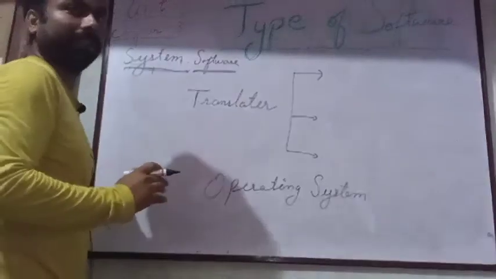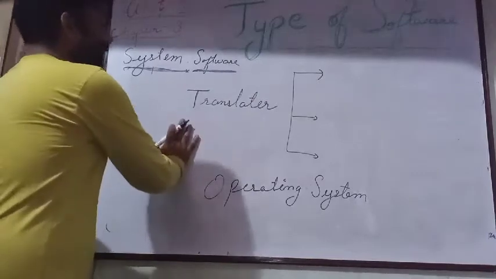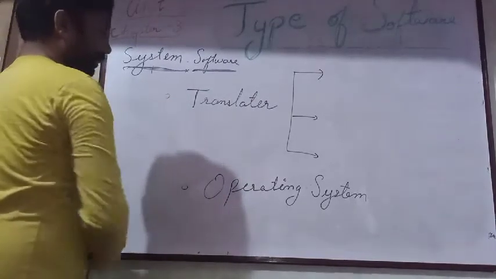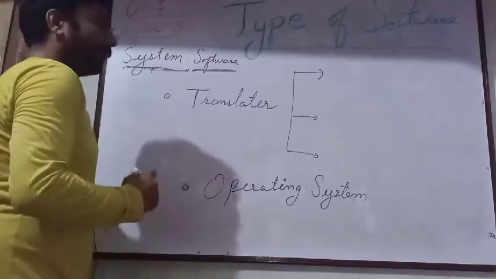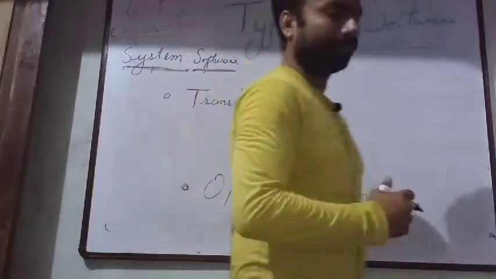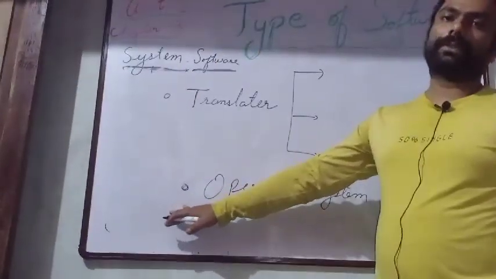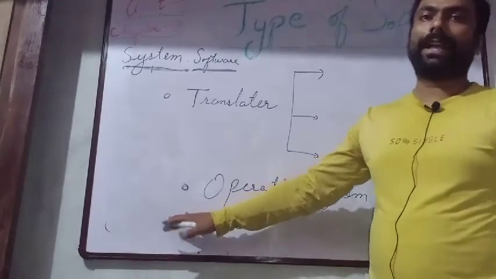It is very much necessary for the computer. Okay, in the system software, basically two types of software are there. Without these software, the system is quite difficult to run. The computer doesn't perform any work or task.